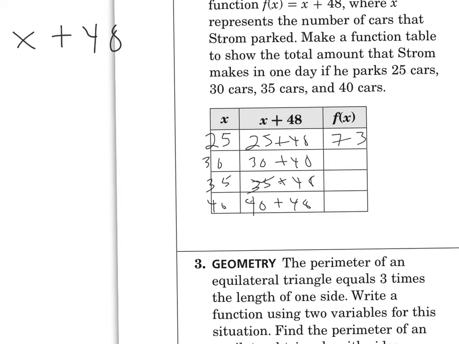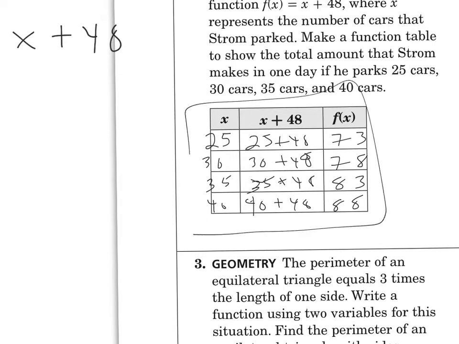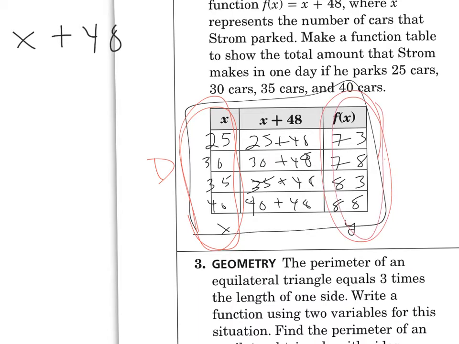Oh, that's a 48, that's an 8 right there, and that's not a 40. So then it would be $78, and then it would be $83, and then it would be $88 if he parks 40 cars. And that's it. That's all you got to do. Make a function table. This is a function table. It's really an XY table where these values here are your domain, and these values here are your range.